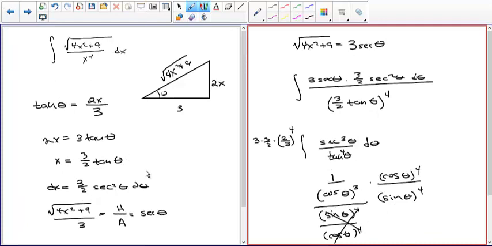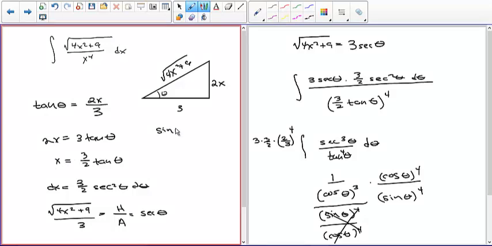Well, we don't have that in our original 2 substitutions here, so we have to look at the triangle and say the sine of theta, which is the opposite over the hypotenuse, in terms of the lengths defined here, is going to be opposite over hypotenuse.